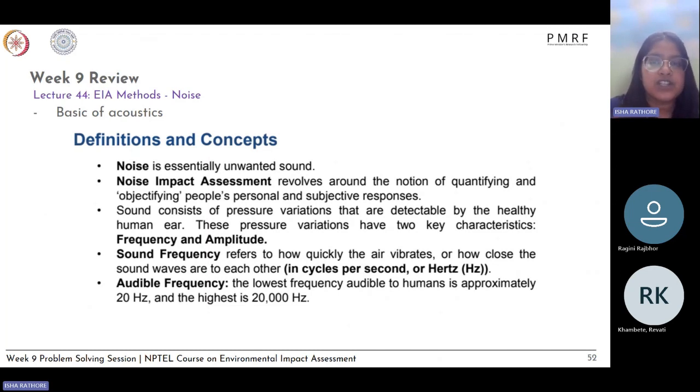Sound consists of pressure variations that are detectable by healthy human ears, and these pressure variations have two characteristics, frequency and amplitude. Frequency refers to how quickly the air vibrates and how close the sound waves are to each other. Frequency is expressed in cycles per second or hertz. The audible frequency we have seen is approximately 20 hertz at the lowest, and the highest is 20,000 hertz.